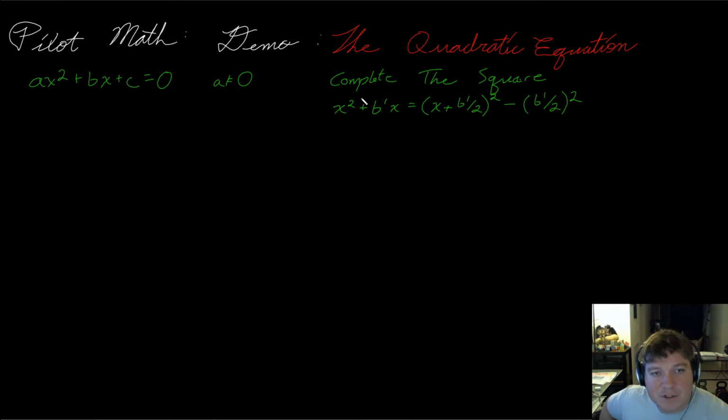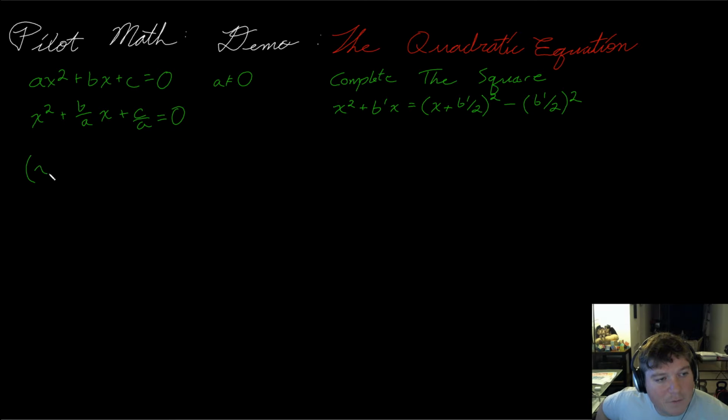So what we're going to do is make these first two terms here look like the first two terms here. To do that, we just need to divide by a. So a is non-zero, so this is allowed, plus c over a equals 0. So now these first two terms match, and b prime is apparently b over a.